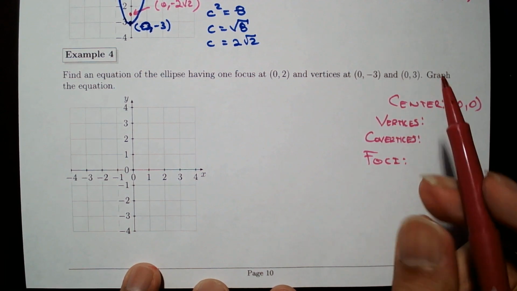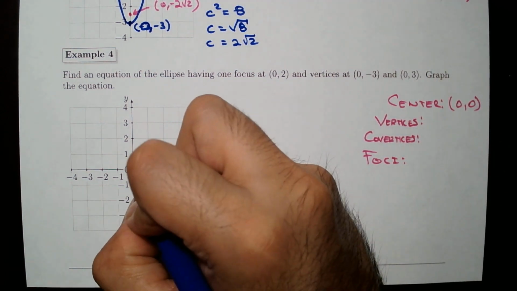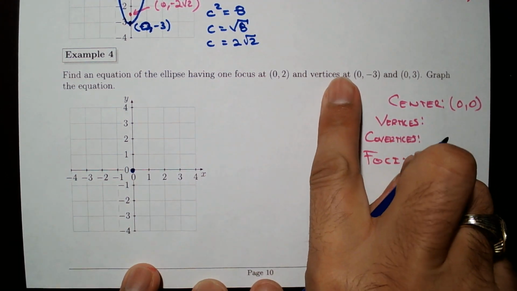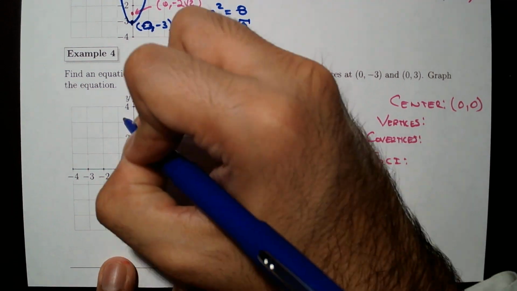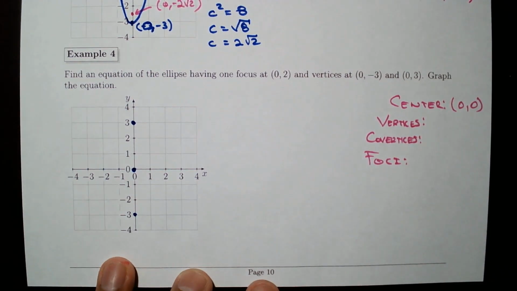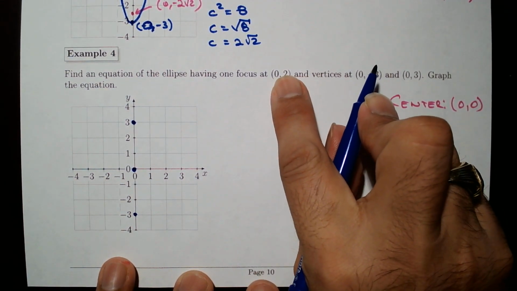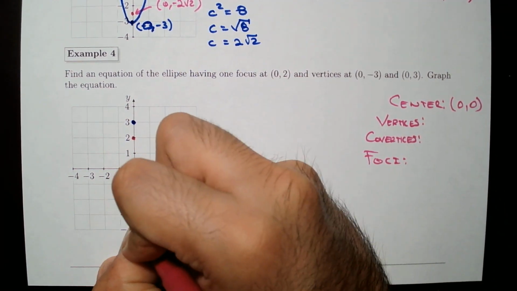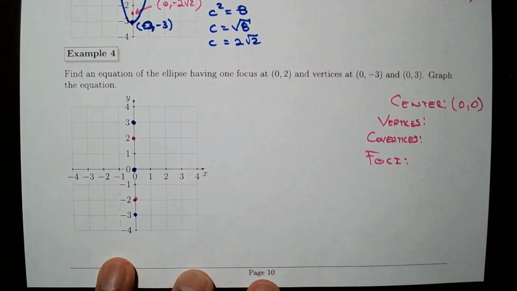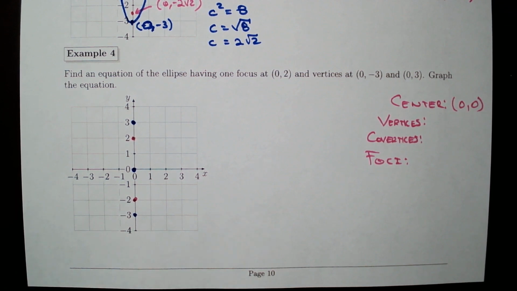The point right in the middle is the origin. So the vertices are 0, -3 and 0, 3. And one of the foci is located at 0, 2. So by symmetry, the other one is at 0, -2.